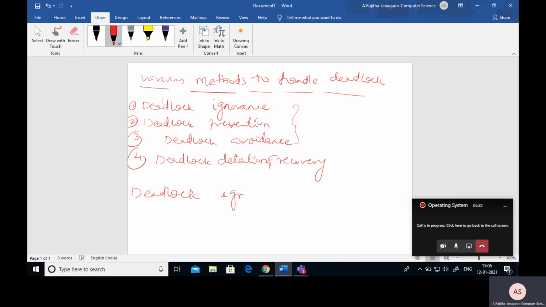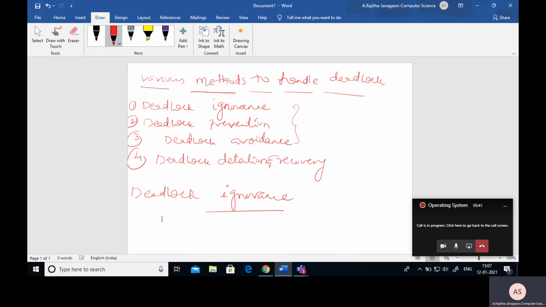Deadlock ignorance. What is deadlock ignorance? The name itself contains ignorance. Ignorance here means ignoring the situation when the deadlock occurs.